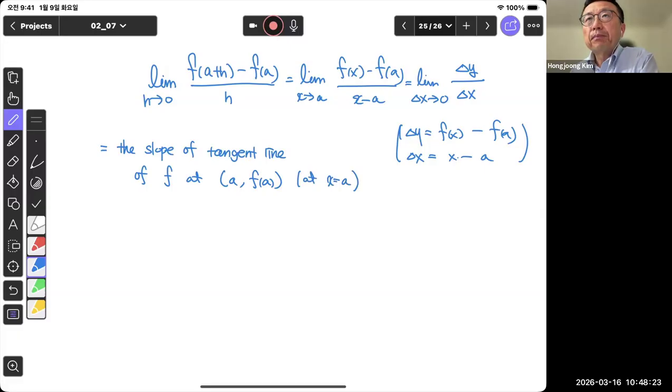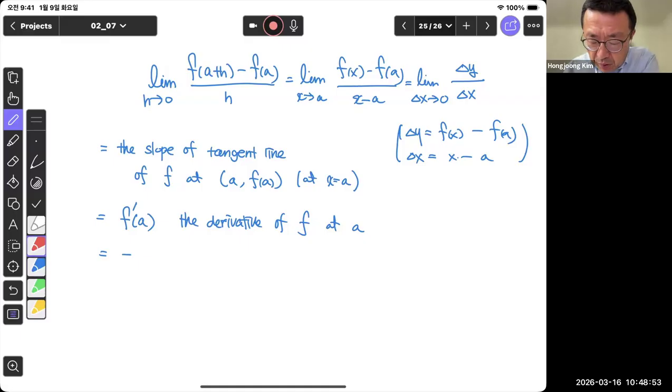Symbolically, we use f prime at a, and we call this the derivative of f at a. And now we have a new name: the limit of the average rate of change.